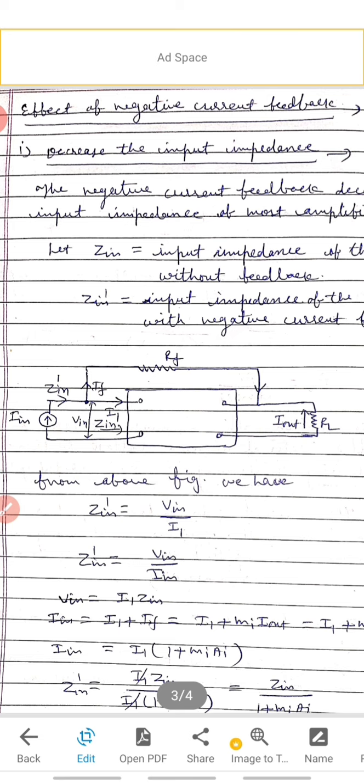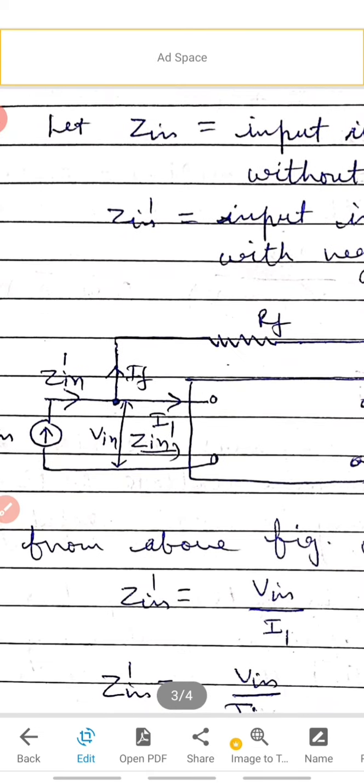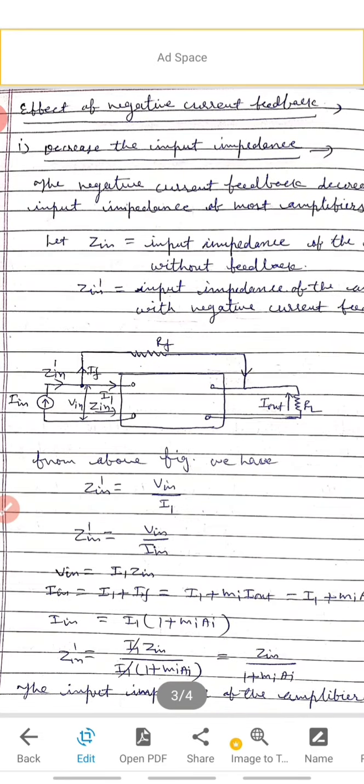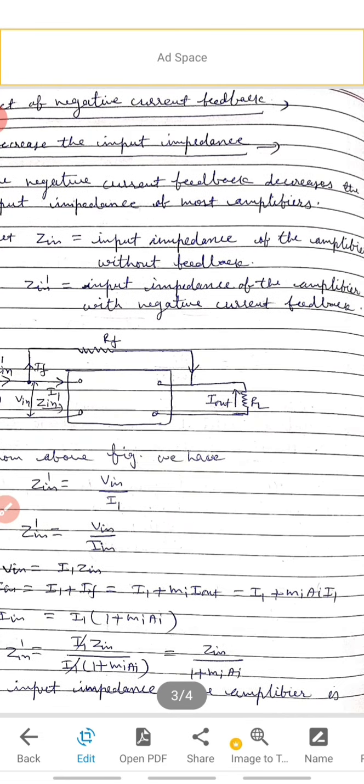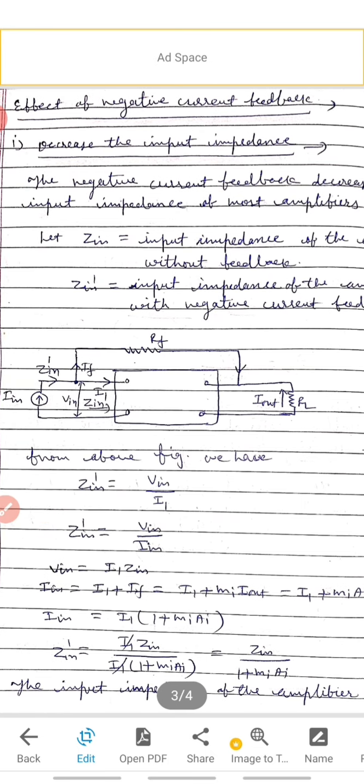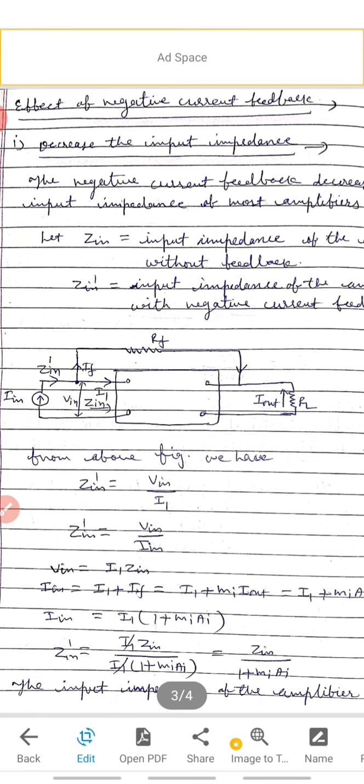So V in is equal to I1 Zin, and I in is equal to I1 plus IF. Put the value of IF, then we get I in is equal to I1 into 1 plus MI into AI, and Zin dash is equal to Zin divided by 1 plus MI into AI.